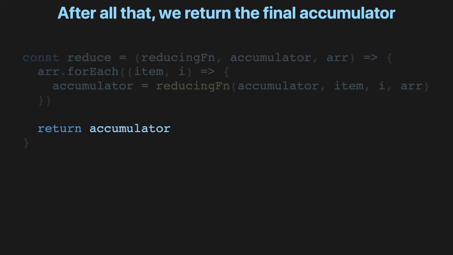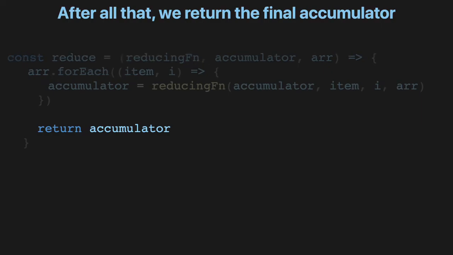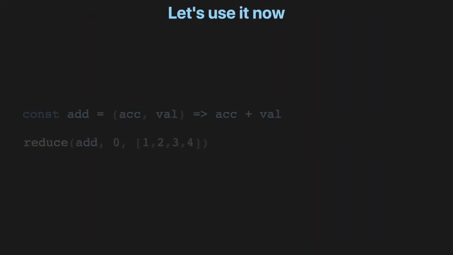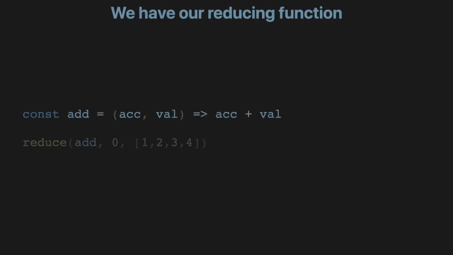It's actually pretty simple if you think about it. We've been building this accumulator up in the loop by running the reducing function on it, and then we just return it at the end of the function. So let's go ahead and use it. We have our reducing function, and remember, if you're a bit confused, the add function we've said in other videos is a reducing function.